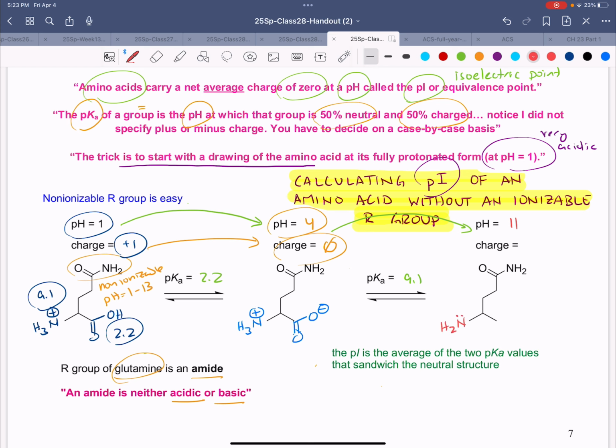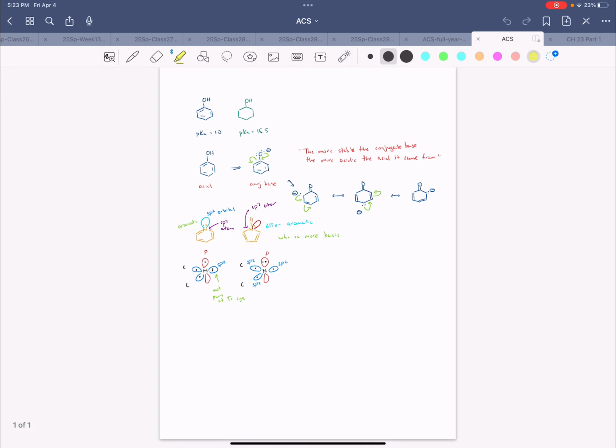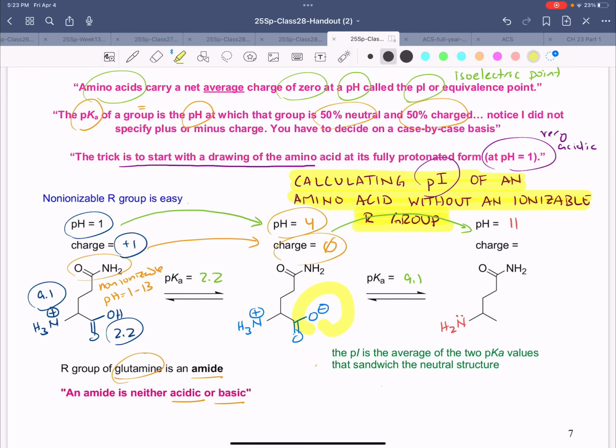Now, it's still basic, so we're not going to add a hydrogen here, because we would have to be more acidic to add a hydrogen here. So this one stays. Nothing happens. We get even more basic when we go from 4 to 11. There's no hydrogen to remove anyway. So this one stays like that.